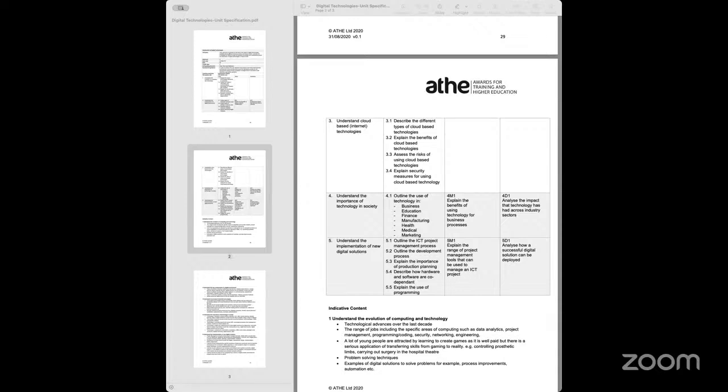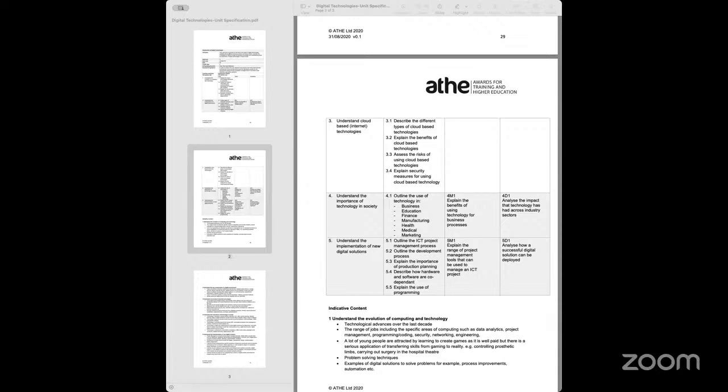Some of these articles would require you to do some reading, and this reading would be useful to get a good grasp on today's discussion on learning outcome 4, which is understanding the use of technology in society.